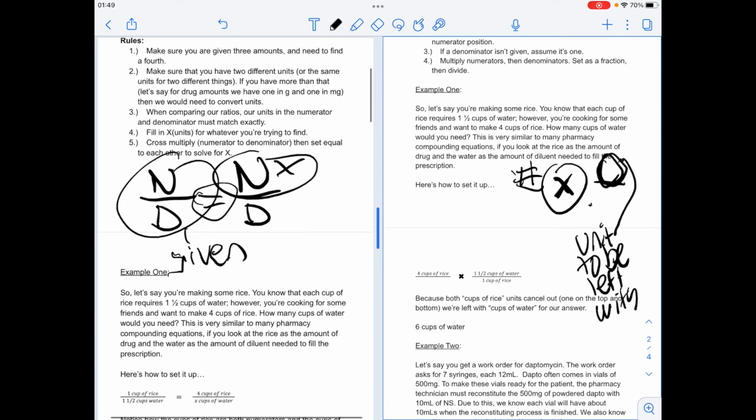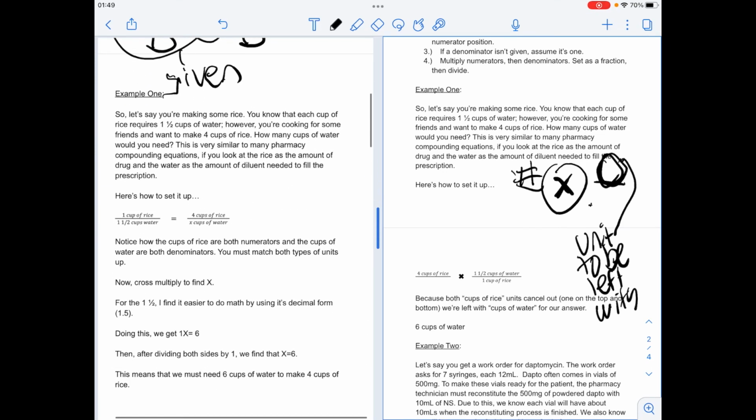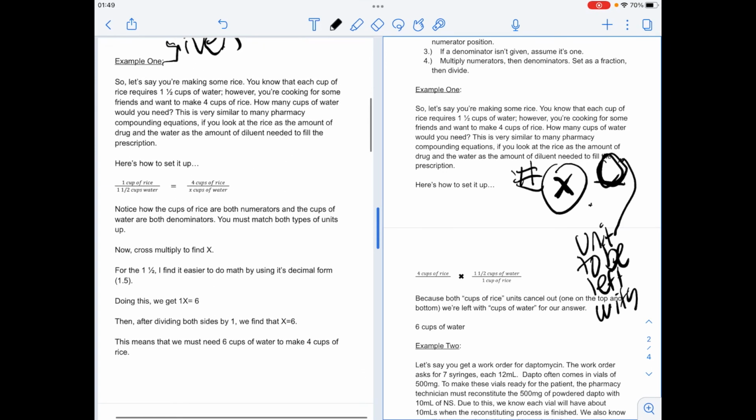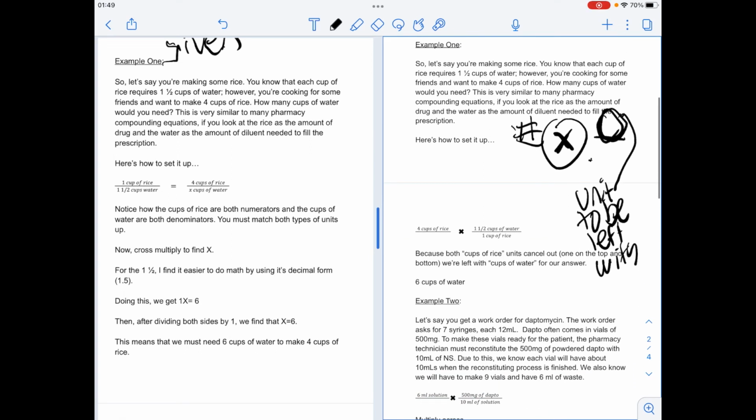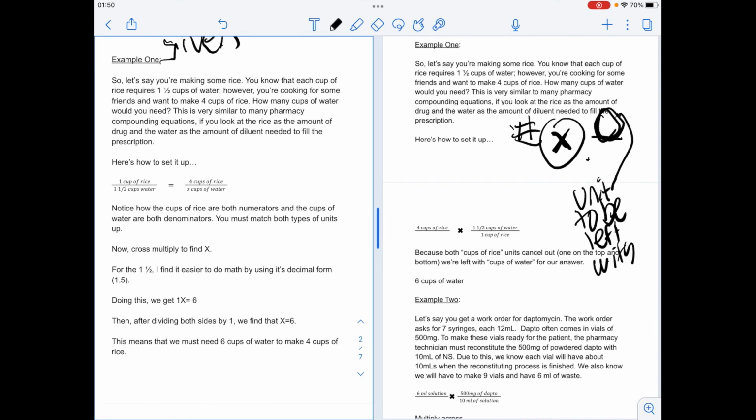Okay, so now let's just look at the examples and compare them, since I did the same examples for each one. So with the rice problem that we went over earlier, as you can see, with ratio proportion, we have our equal sign, we have our given, and then we have the equation of what we want to find. Here we have the x.